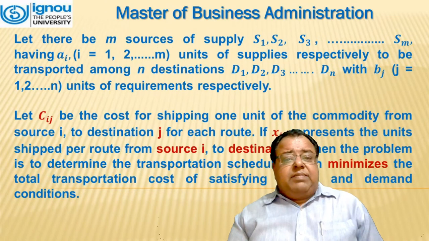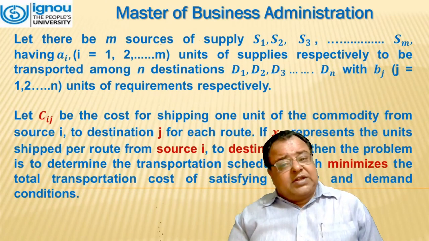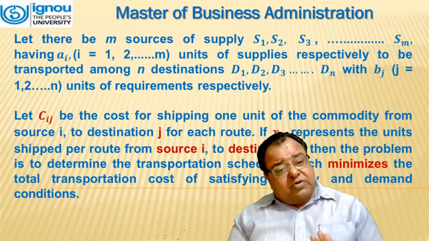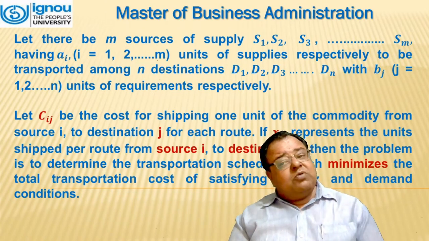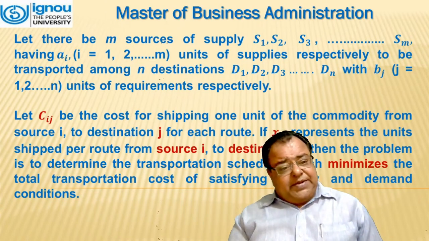Let there be m sources of supply, S1, S2, S3 till Sm, having Ai units of supplies respectively, to be transported among n destinations, that means D1, D2 till Dn, with Bj units of requirement respectively.